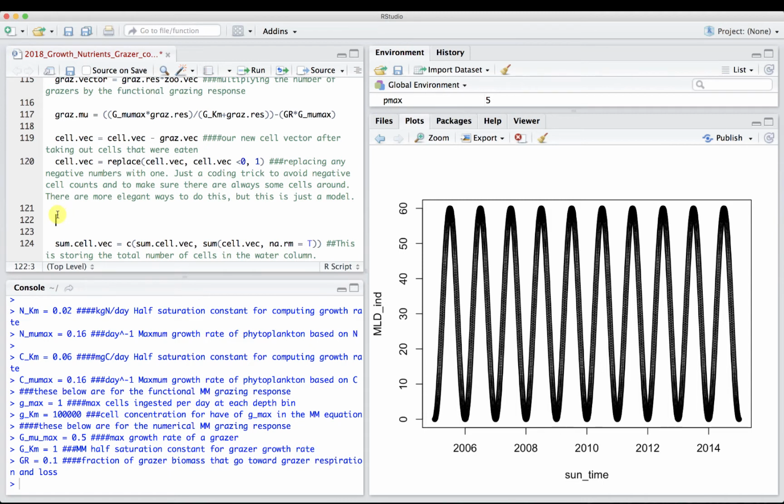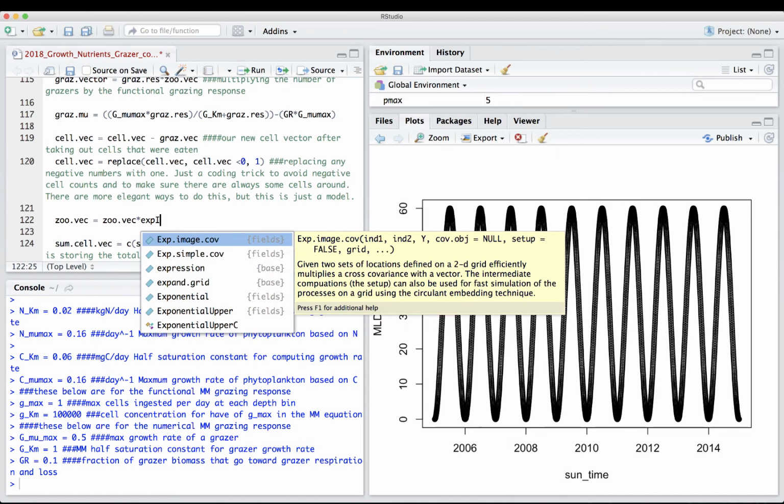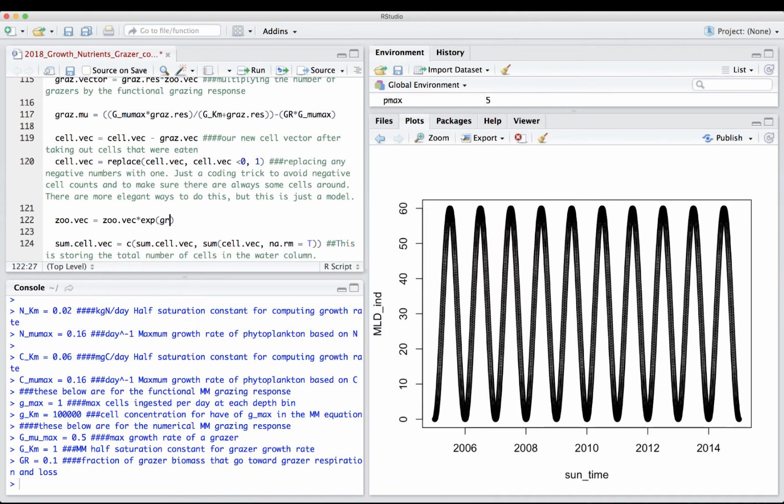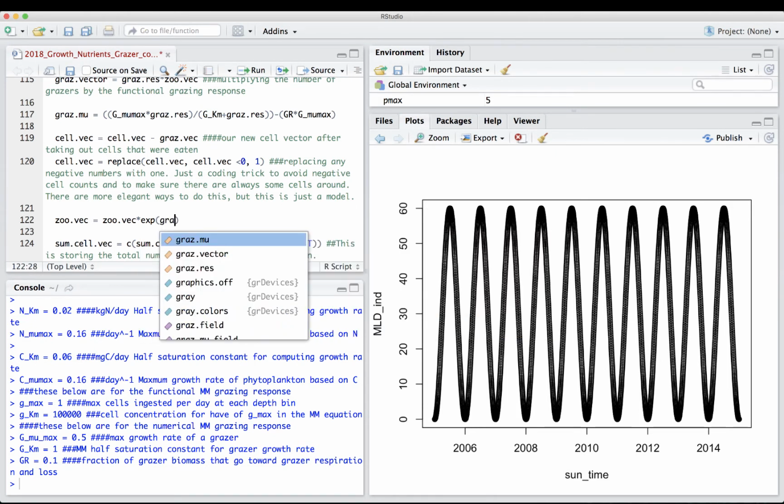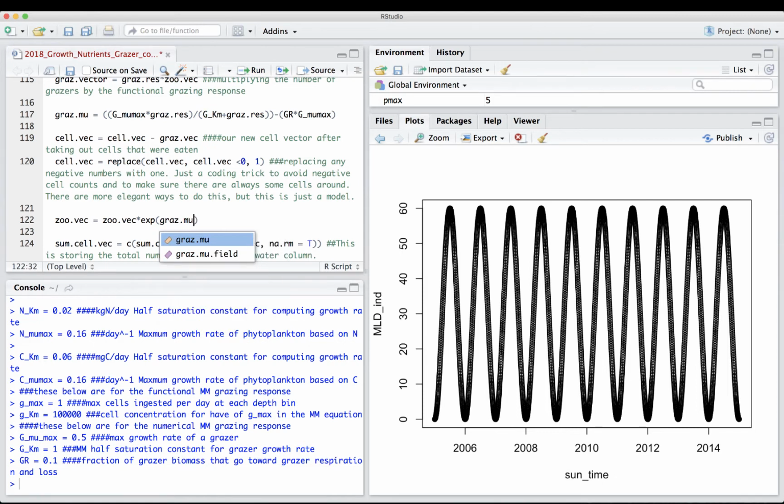Okay, now our zoo vector. Remember, the zooplankton ate something, and we got a growth rate from them. We're just going to use a standard exponential. There are other forms that we're going to talk about in class, and you can mess around with those if you want. So zoo.vec times exp of Graz.mu, which is our cell vector times 1.